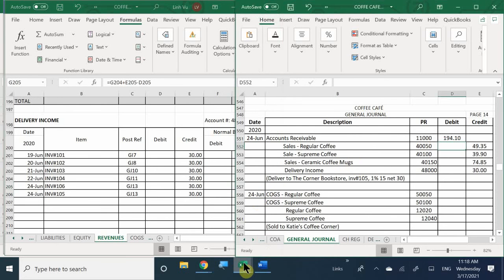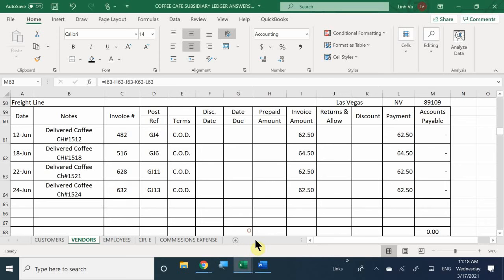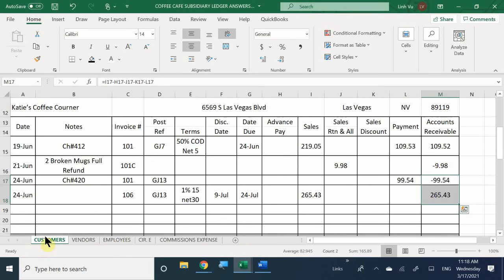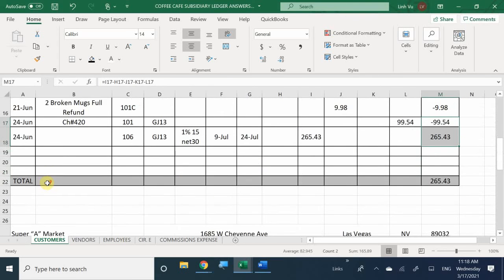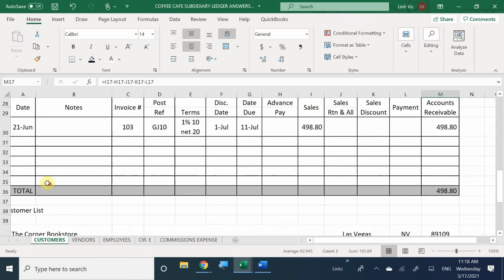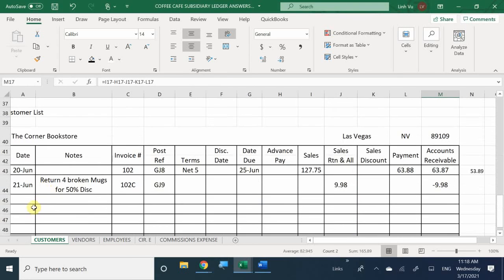Now we're going to go to my subsidiary ledger because I dealt with the Corner Bookstore, which is the very last one. Here's Corner Bookstore.